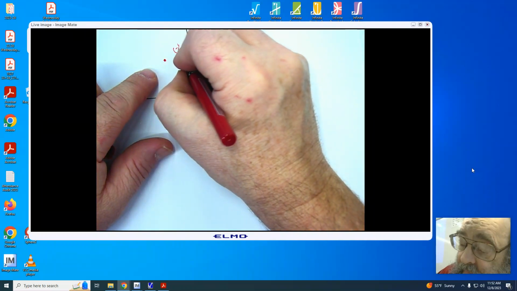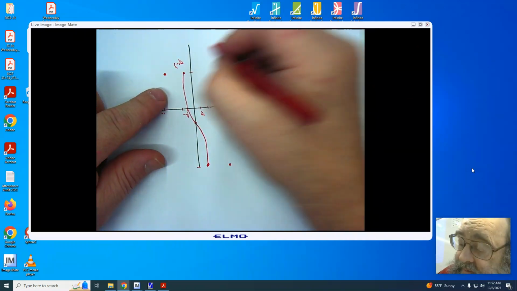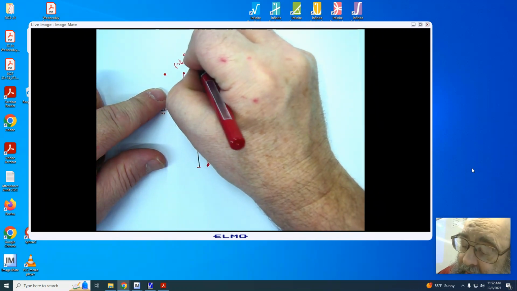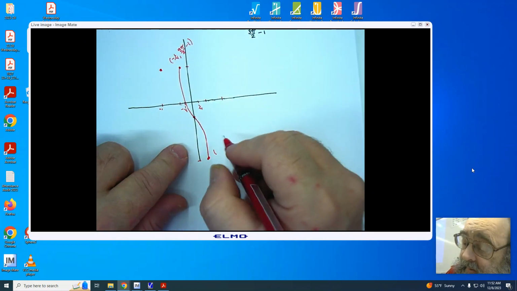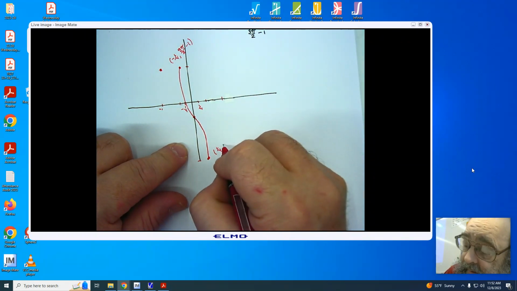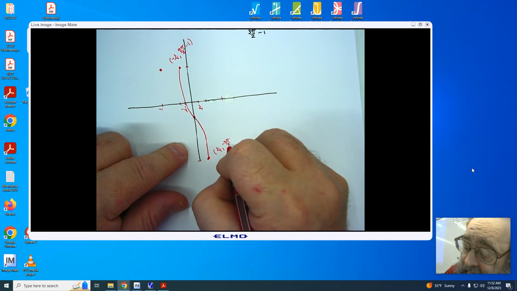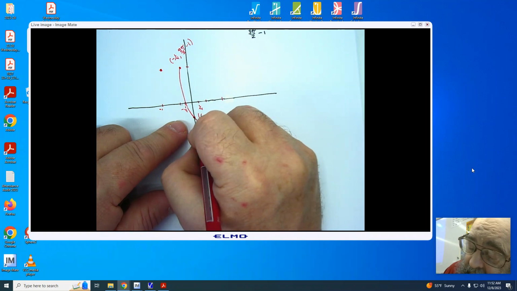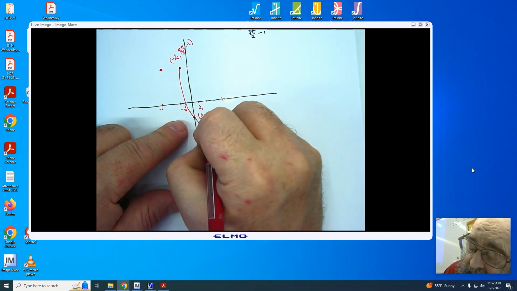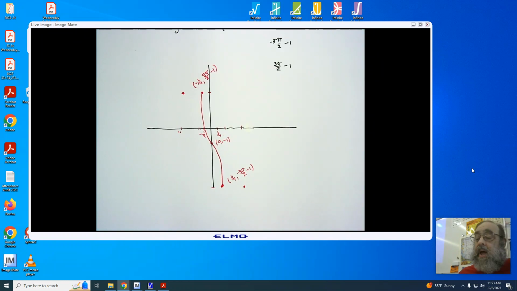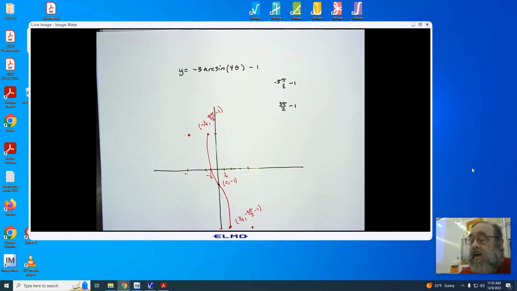So we have -1/4, and this was at 3 pi over 2 minus 1. This point right down here is positive 1/4, negative 3 pi halves minus 1, and this point right here is at 0, -1. And there is my arcsine. -3 arcsine 4 theta minus 1.